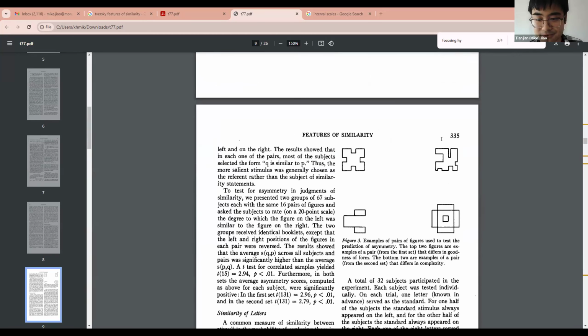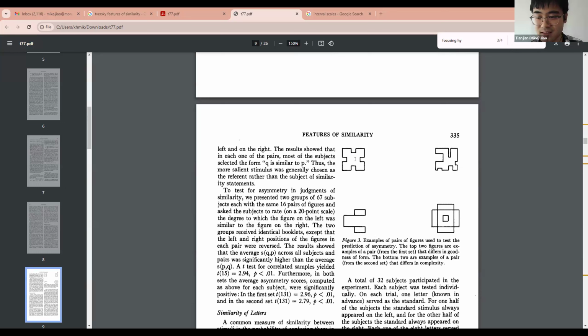Now, imagine that you have been shown two figures, let's say the figures in the top left corner and the top right corner. If you were asked to compare these two and say which one is more similar to the other, you would probably be more likely to say that the picture to the right is similar to the picture to the left rather than the other way around.